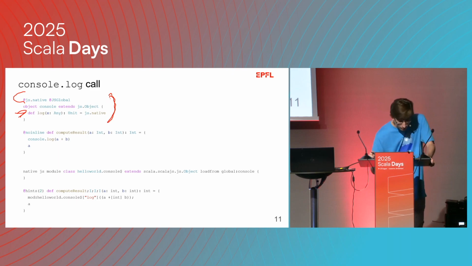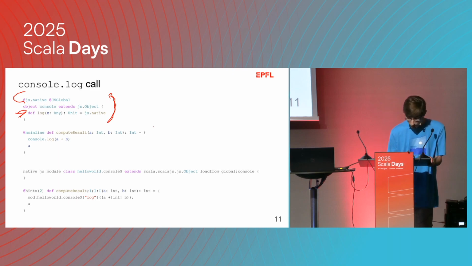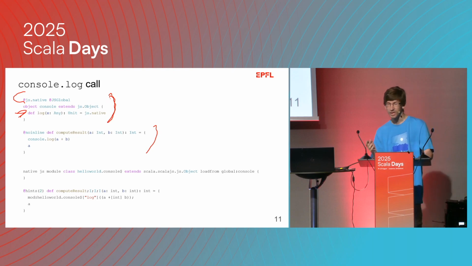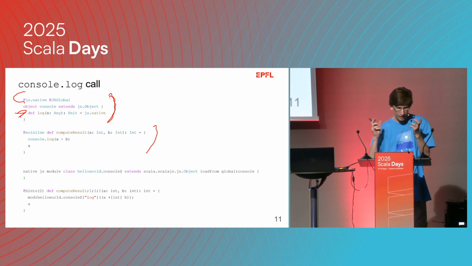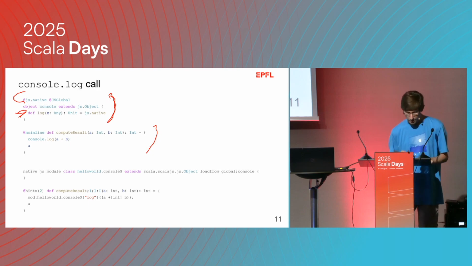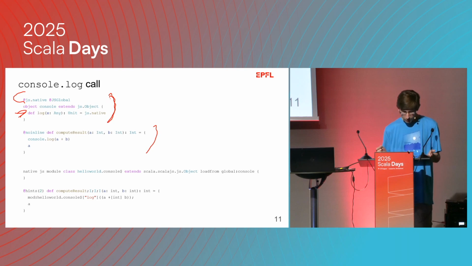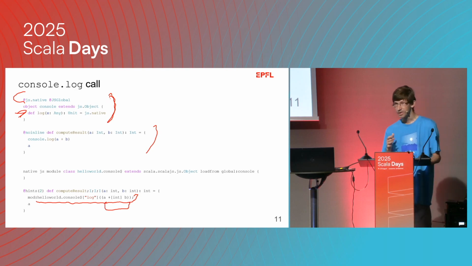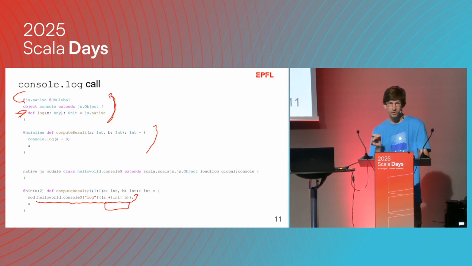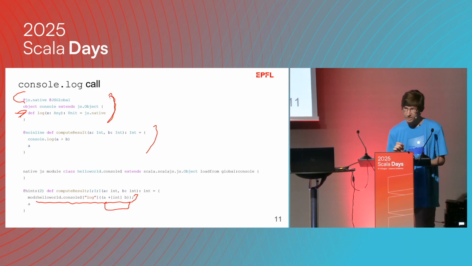I know. Right? And then we have our compute result, which is in source here, which is going to console log the result of computing A plus B. Right? So A plus B is an int operation here happening on the Scala side, and console log that thing is a JS method call. In terms of IR, we get this thing here, where you see that the A plus B is really annotated as this is an int operation, this is an int addition, but the method call has a funny look in the IR.